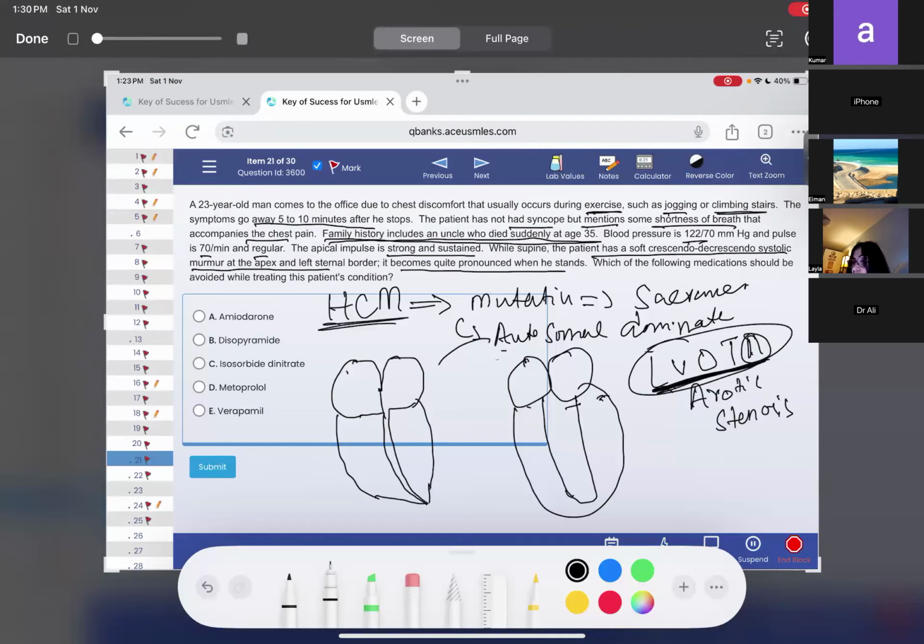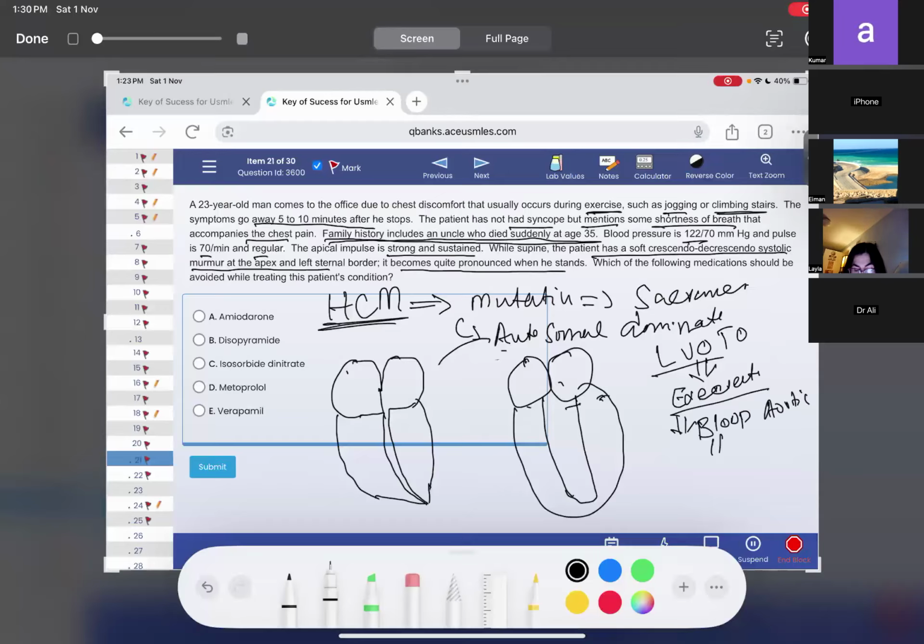Right ventricular outflow tract obstruction, because of the overriding of the aorta in tetralogy of Fallot. So, due to this left ventricular outflow tract obstruction, whenever a patient is exerting, the blood flow through the aorta decreases, and the patient experiences chest pain and shortness of breath.